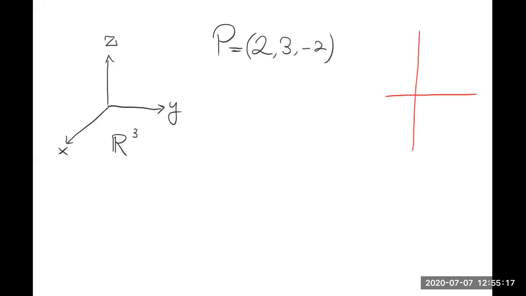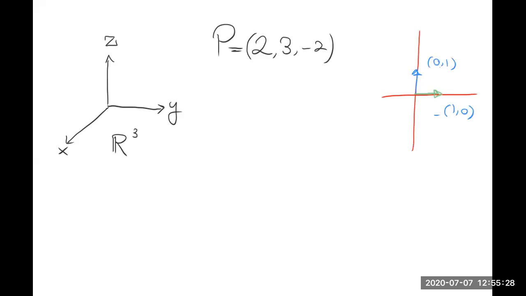We have the x-axis, the y-axis, and the z-axis, right? And any point P can be presented with 3 numbers. Let's say 2, 3, and -2. It's a point. Now, remember in R2, I said we can look at the unit vectors, one of which is 1, 0 and the other 0, 1.